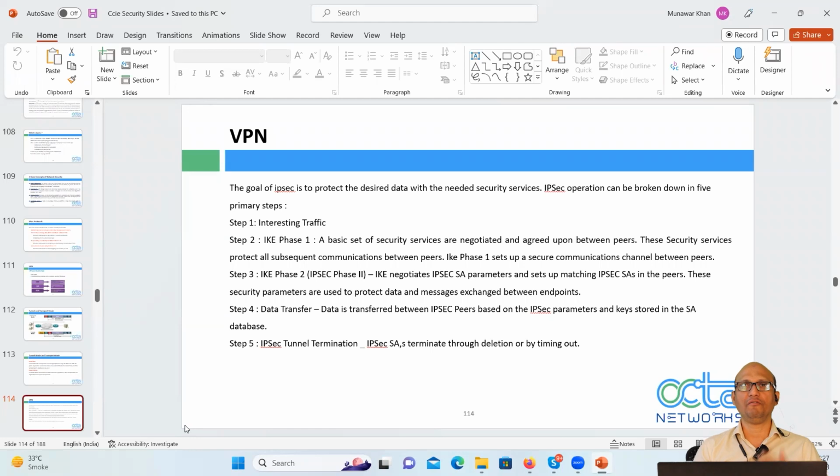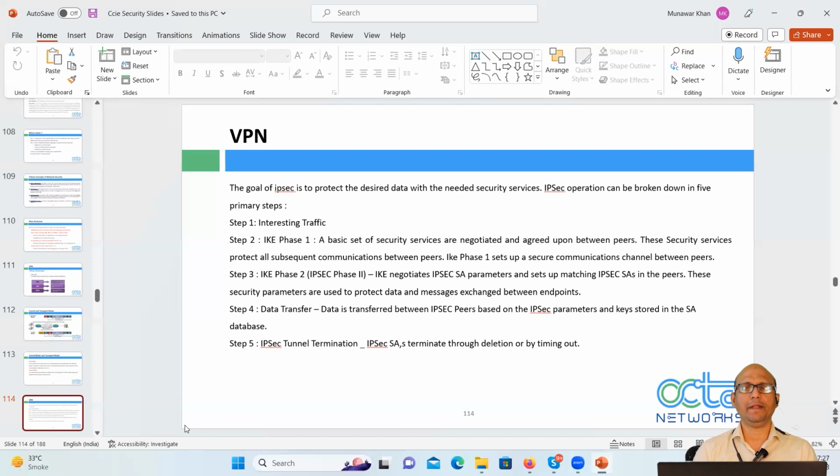Because for a VPN tunnel to work, you need to have the same set of security services running on both ends. In fact, I told you in the first lecture of VPN that both devices equally participate in VPN. They are both intelligent enough to participate in VPN. Earlier, we did not have routers that supported VPN.